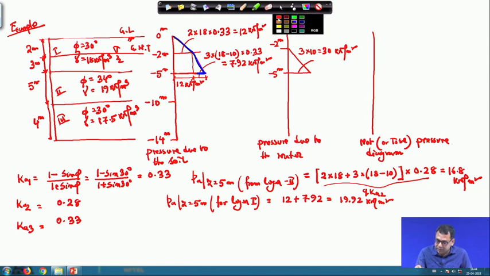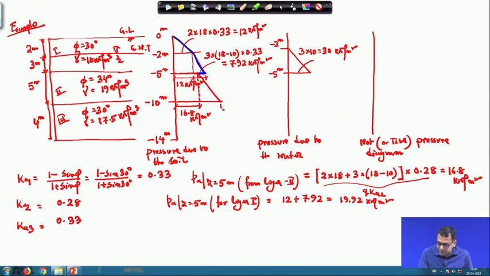Next, these things will remain uniform up to this portion. So, this value is equal to 16.8 kilonewton per meter square. Then the unit weight of the second layer is 19, so you have to calculate the earth pressure due to the second layer.